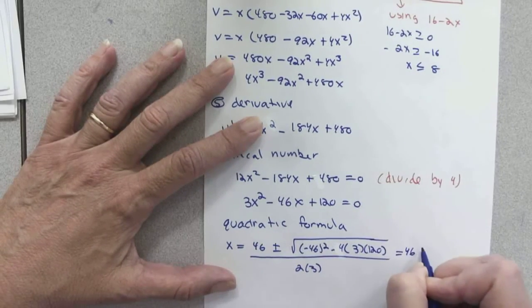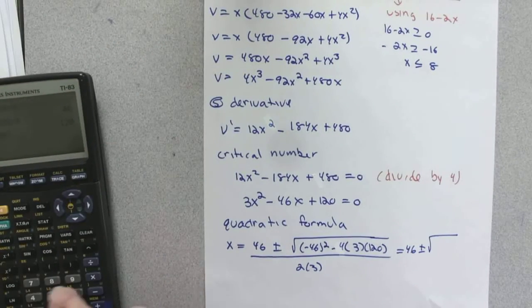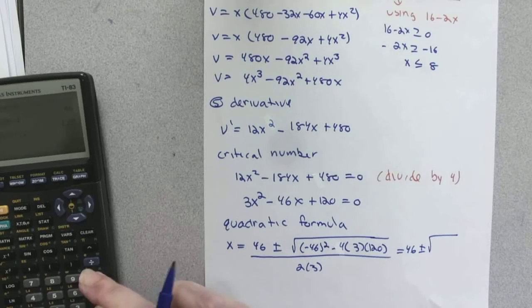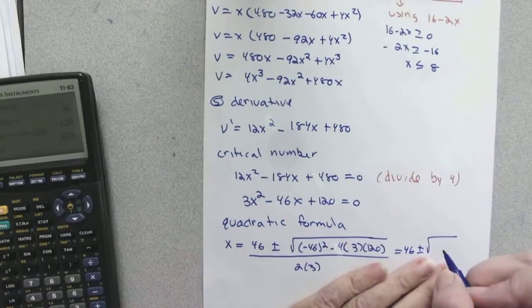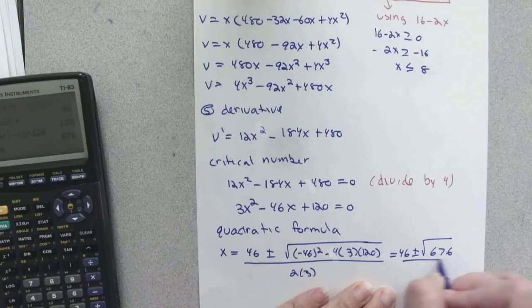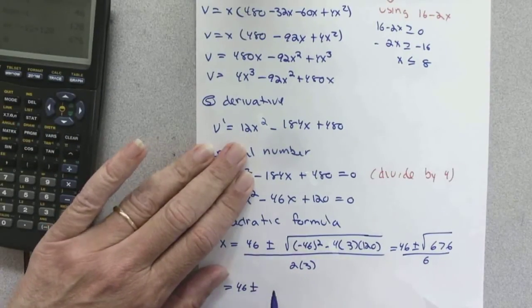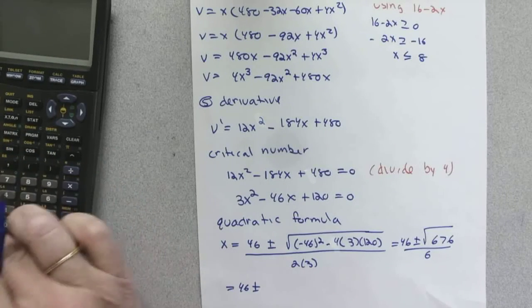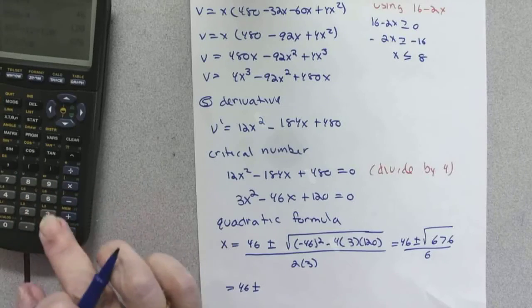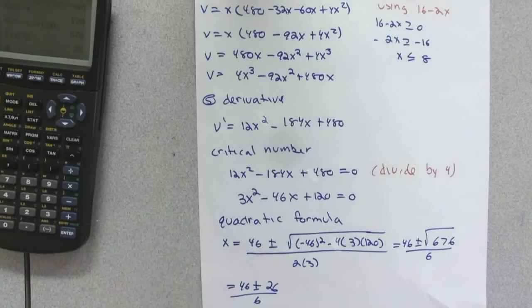And that's going to be 46 plus or minus, and when you do the stuff inside there, 46 squared minus that, you get 676, all over 6. And so that's 46 plus or minus the square root of 676, which is 26, all over 6.